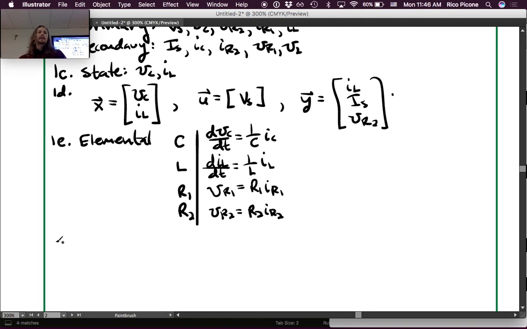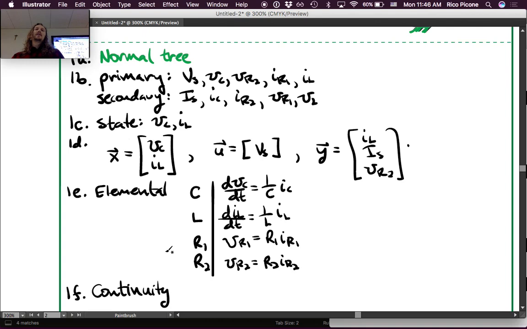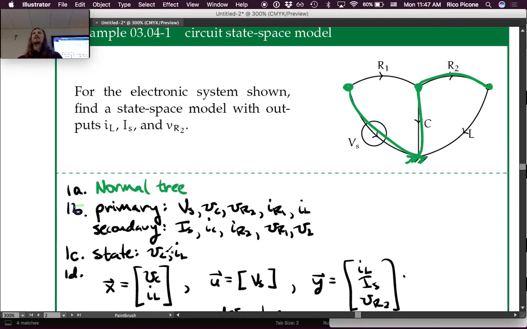Now we need some continuity and compatibility equations. So 1F. The first one is continuity. You can do it in either order, but for some reason I started doing continuity first and I'm just stuck in my ways. So continuity equation.